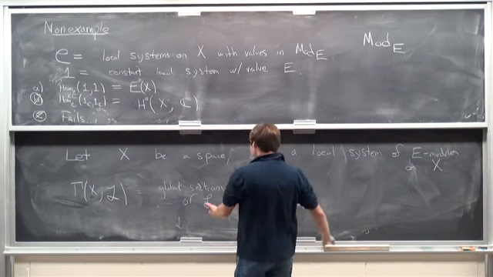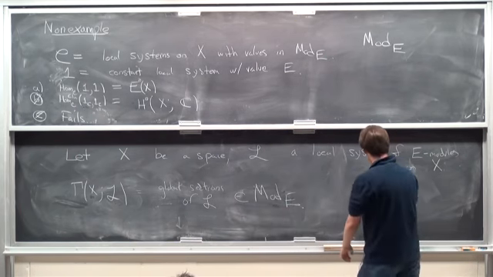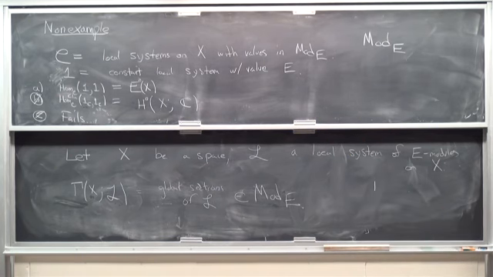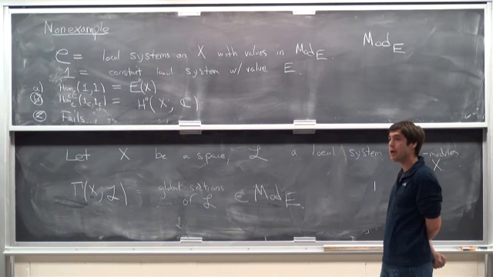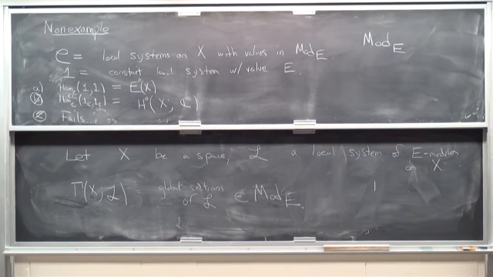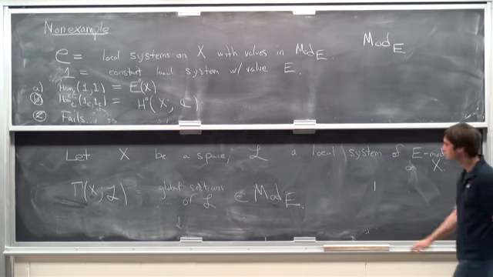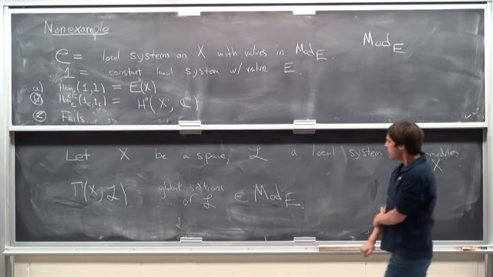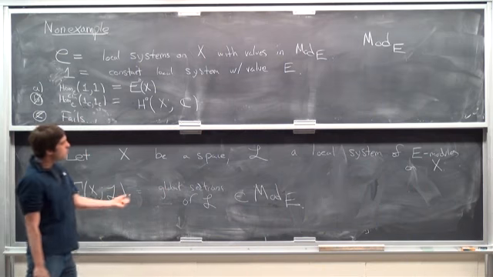Okay. So in fact, we can say something a little bit better. In a local system, in the infinity sense, if you deform the path, what happens? You get a homotopy between the maps. So you can say more than this.